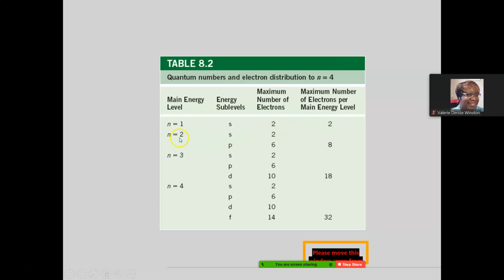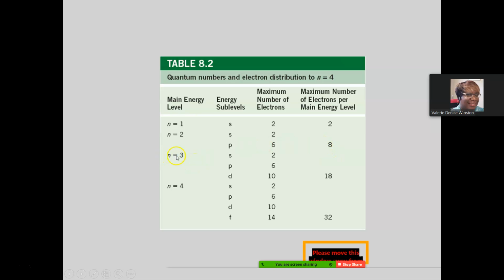Now, when n is equal to 2, you can have 2 sub-levels, one s and one p. The s can only hold 2. There are 3 p's, and each one can hold 2, one spin up and one spin down. So you can have a total of 6 electrons in your p suborbital. That means in energy level 2, you have 8 electrons.